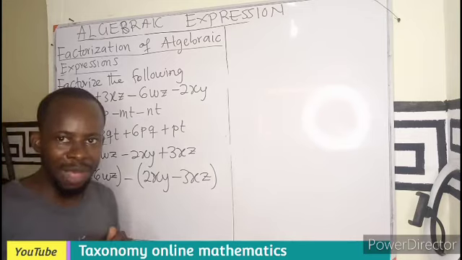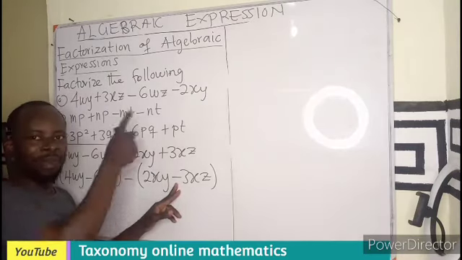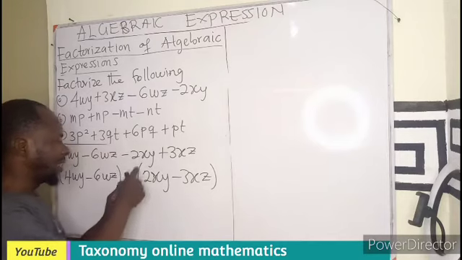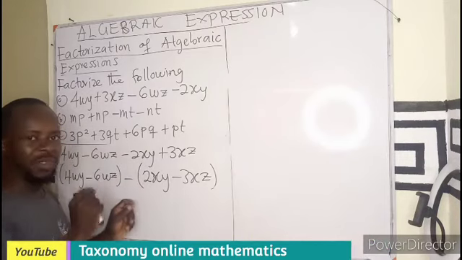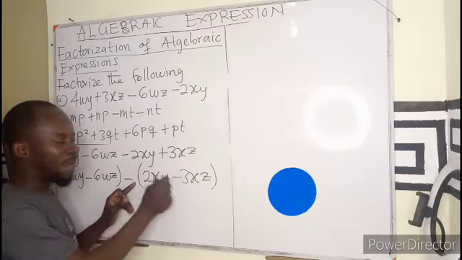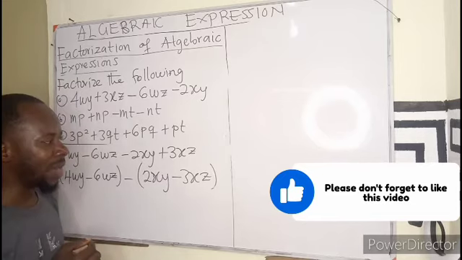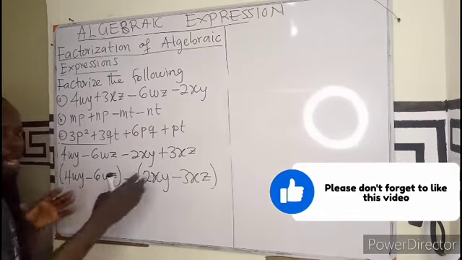Why is the minus coming? The minus is coming because of the introduction of the negative before the bracket. If I open this bracket, minus 1 will multiply this to give me positive. But if I make it original as plus, then I've changed the wording of the question. So this becomes how we can group them.